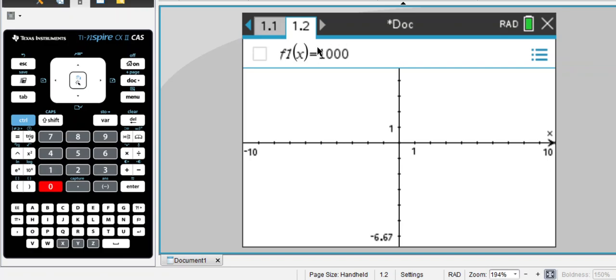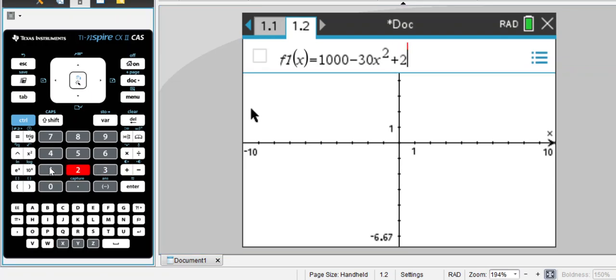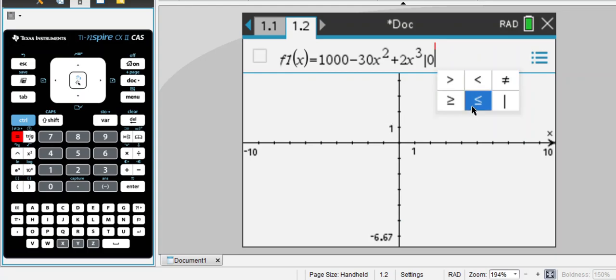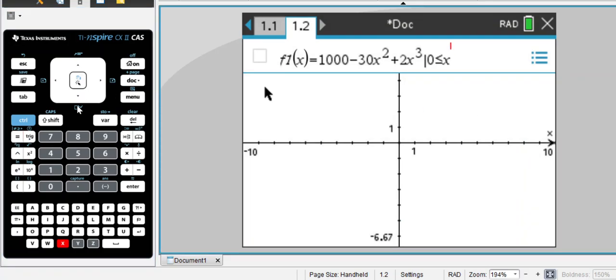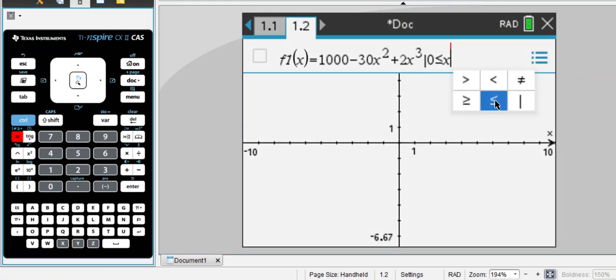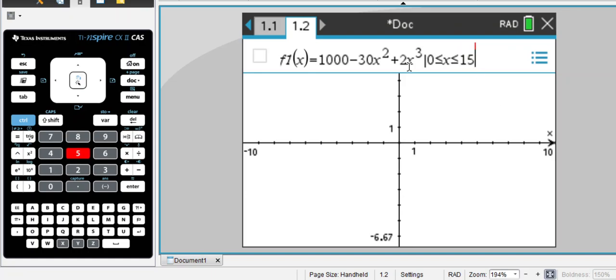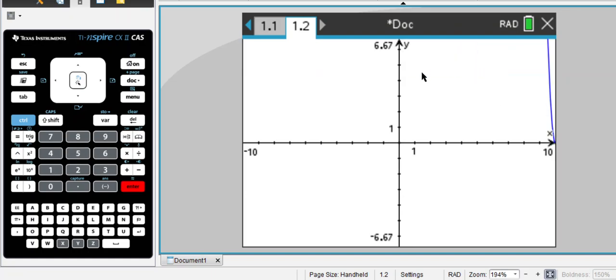1000 minus 30x squared plus 2x cubed. Okay. Now I'm going to put a domain restriction because I only want to draw it between 0 and 15. The function is only valid between 0 and 15. So it would be ideal to put that domain restriction in.